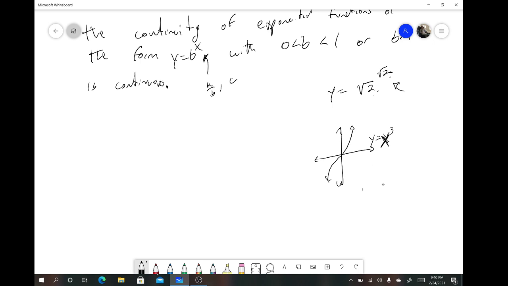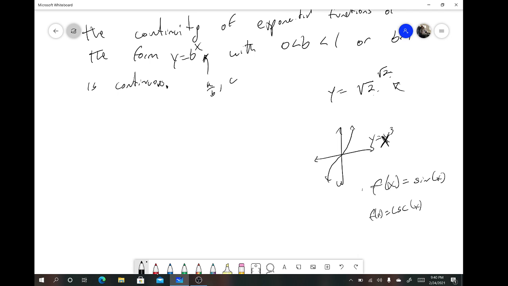Or if somebody gave you f of x equals sine of x, then its inverse, cosecant of x, is also continuous.